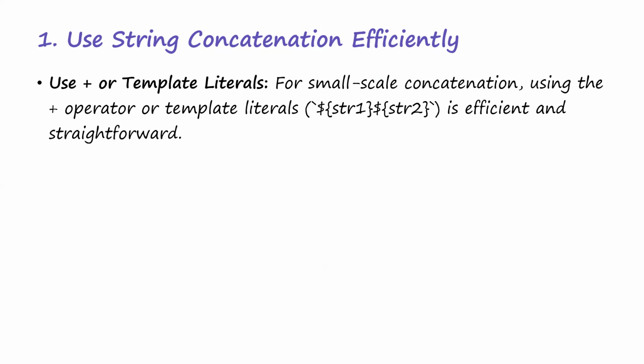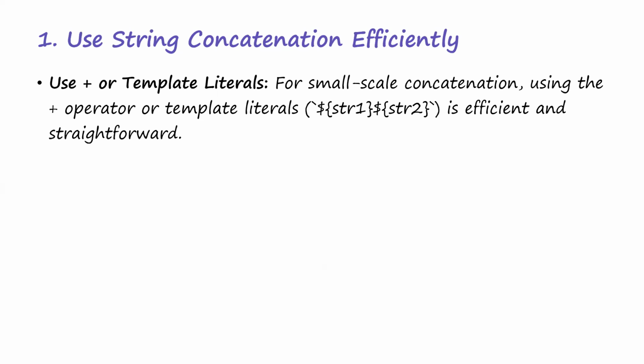For small scale concatenation, using the plus operator or template literal is efficient. And for me, I just advise that you always use template literals for your concatenation. Just basically use template literals in creating your strings. It will save you a lot of headaches.